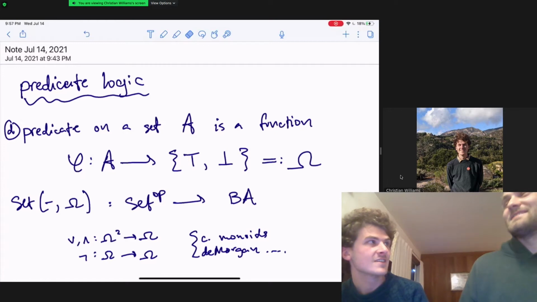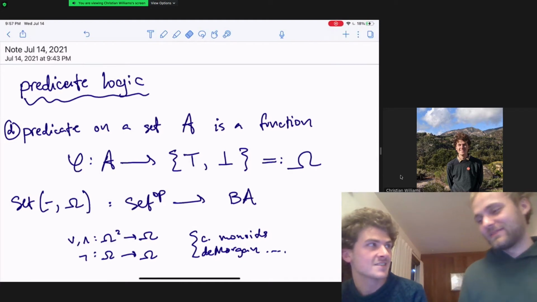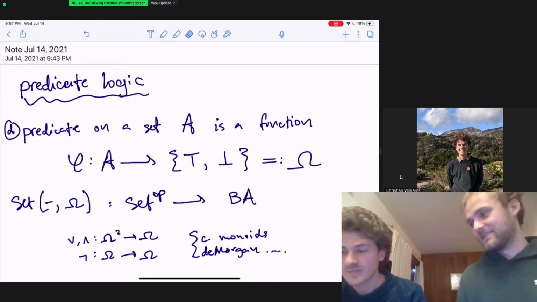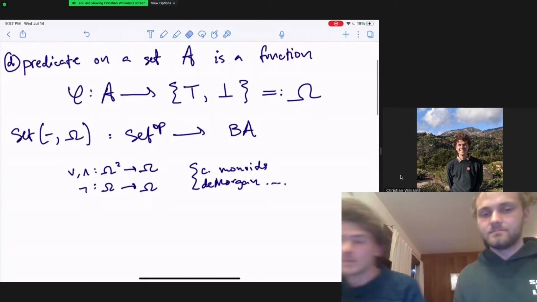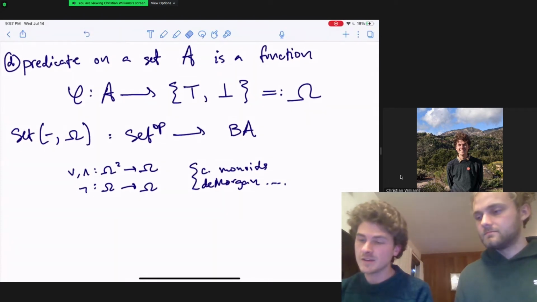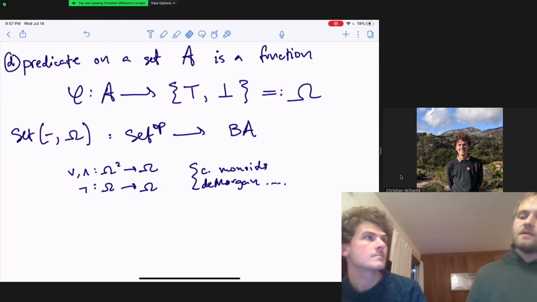That's a big claim. All of predicate logic is this functor. Yeah. I like this functor plus the properties that it satisfies. So I have a quick question here.